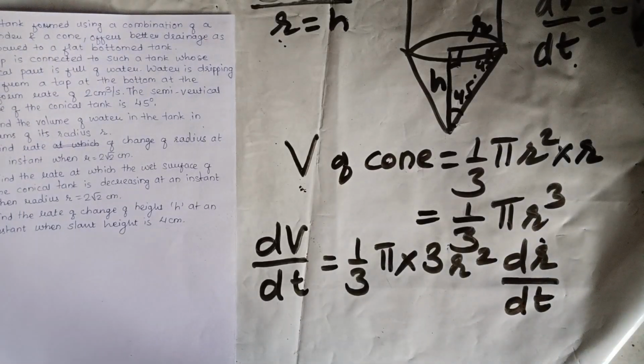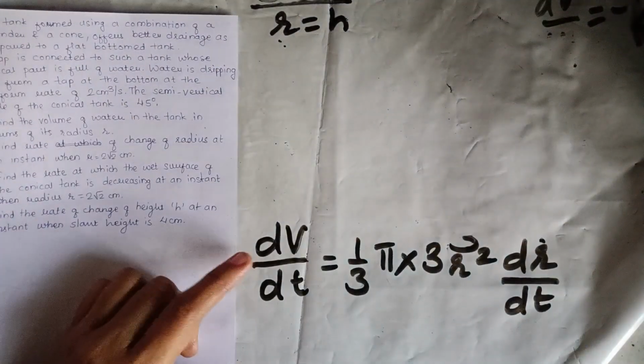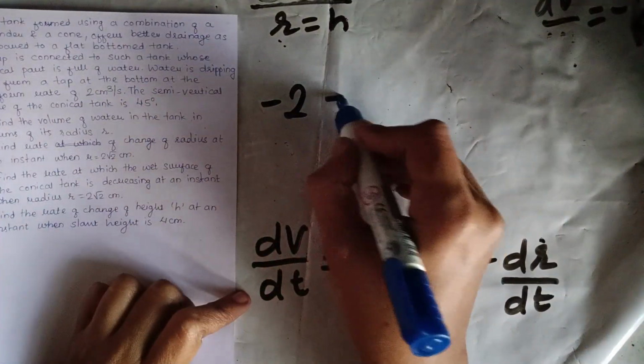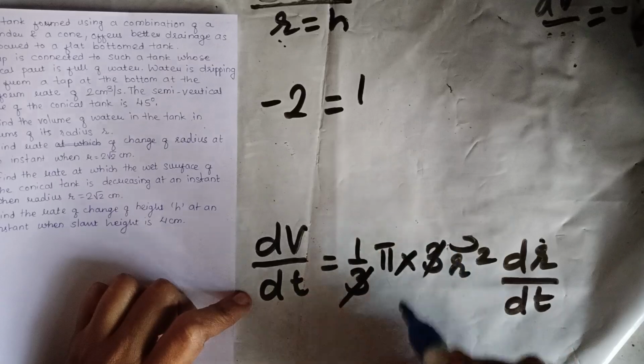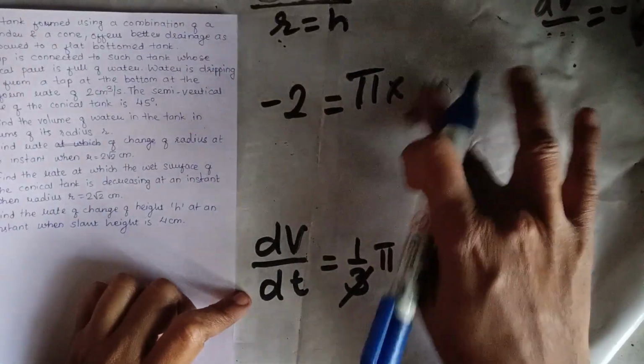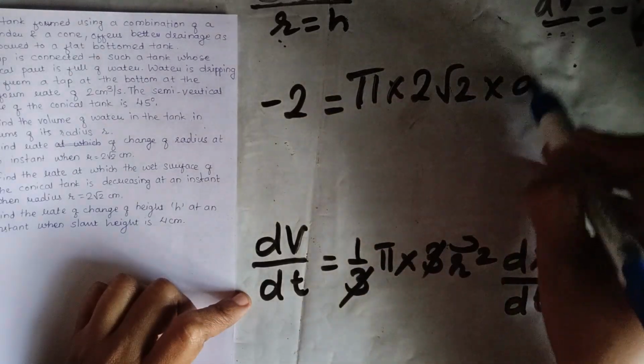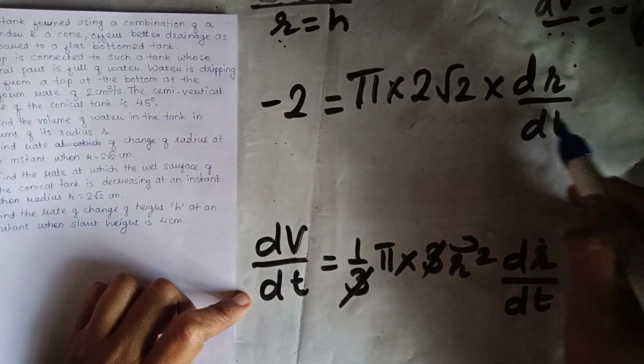Okay. So dV by dt is minus 2. 3 you can cancel, pi. Our radius is given, 2 root 2, and we have to find dr by dt.